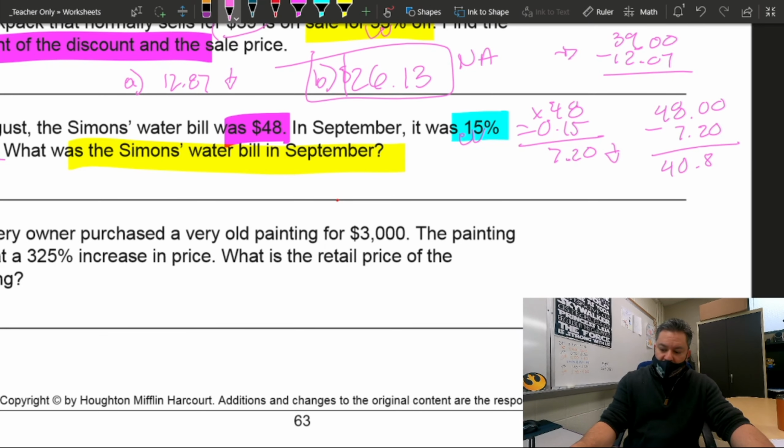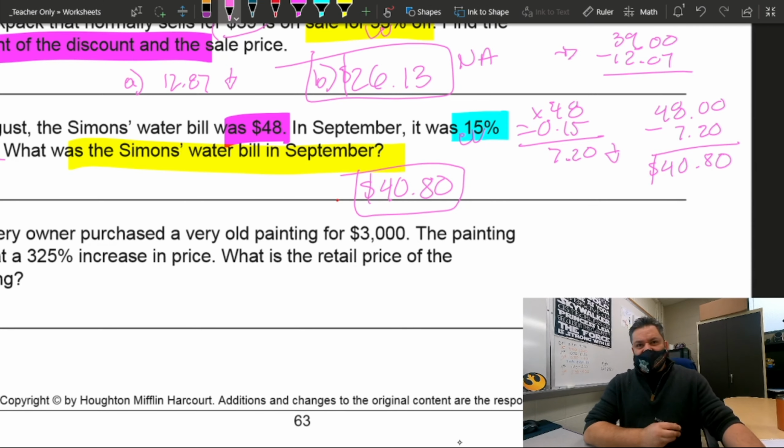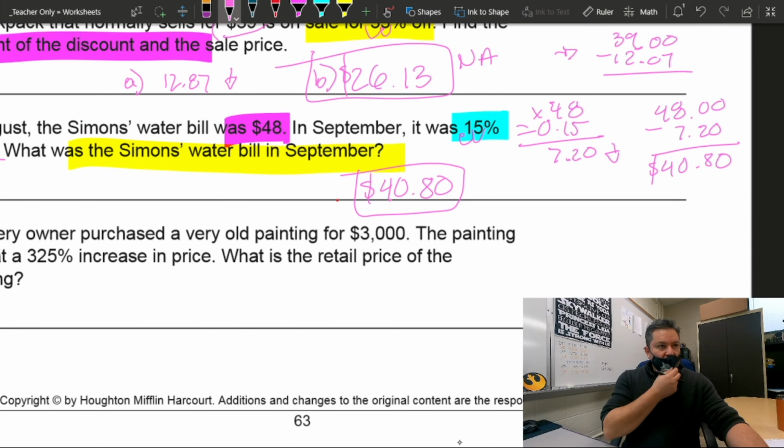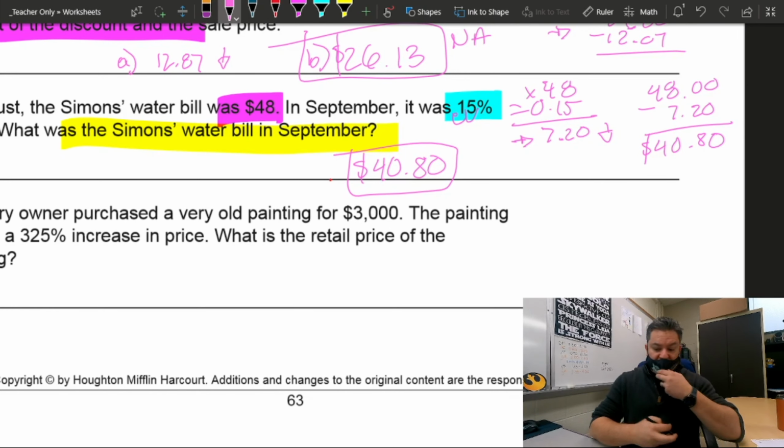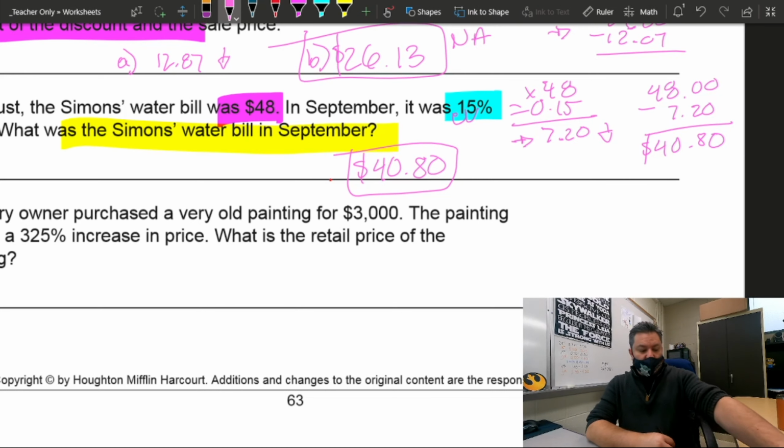But remember, we're talking about money, $40.80. By how much did it go down? $7.20. If they ask you how much did it decrease, it decreased $7.20. If it asks you what's the new price, well, the new price is $40.80.